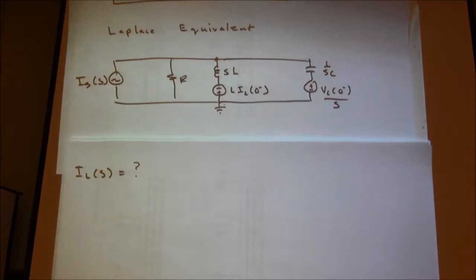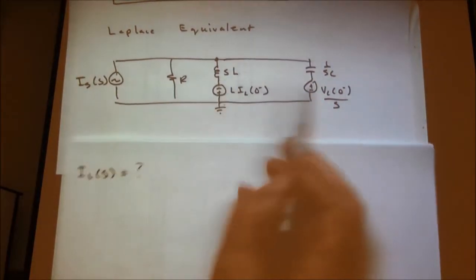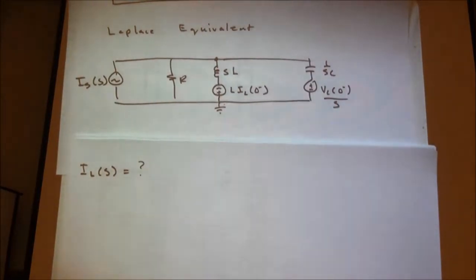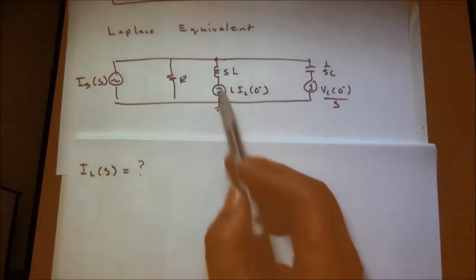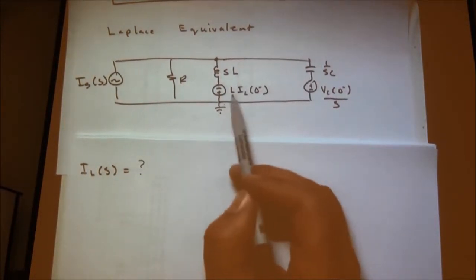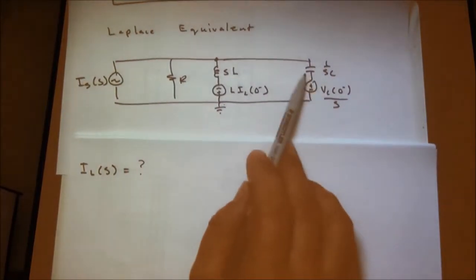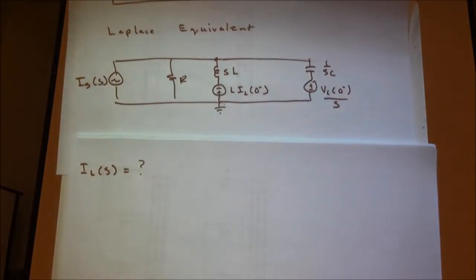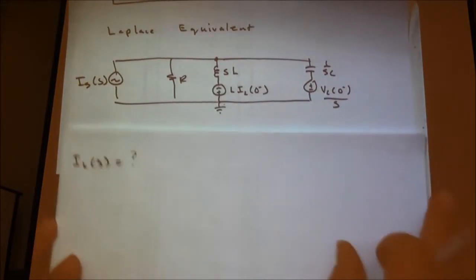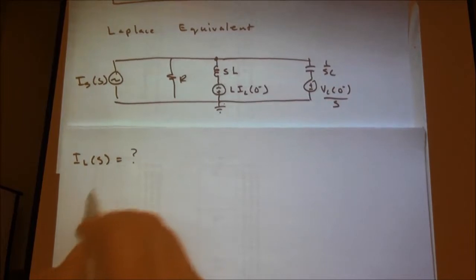All our other nodes, we do have a node here, of course, and a node here, but if you put a ground, those nodes are constrained. It goes back to that concept we talked about in DC circuits. Relative to this ground, we know what the value of that node is. It's L times IL(0 minus). Doesn't matter that there's an S in this term, but the voltage of that node, VC(0 minus) over S. And so we can use node analysis.